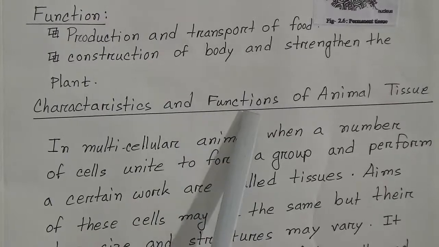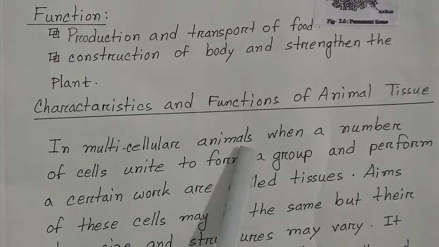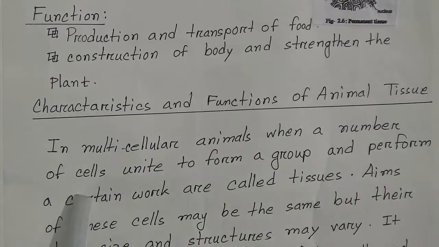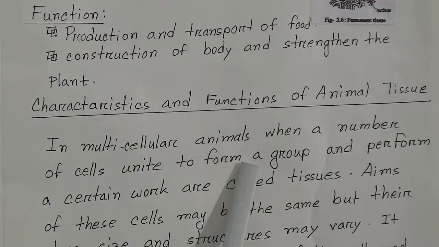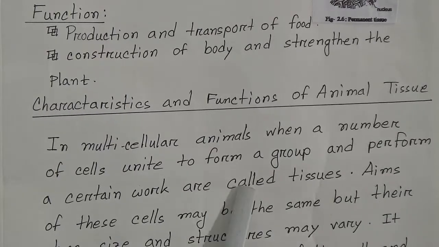Characteristics and functions of animal tissue. In multicellular animals, when a number of cells unite to form a group and perform a certain work, they are called tissues. The aims of these cells may be the same but their shape, size and structures may vary.